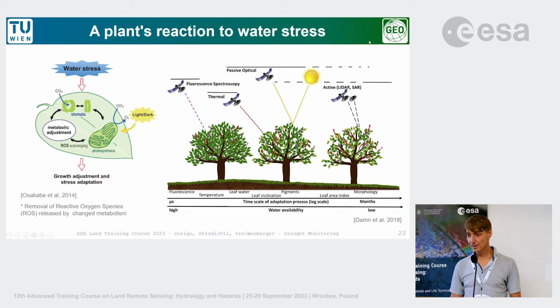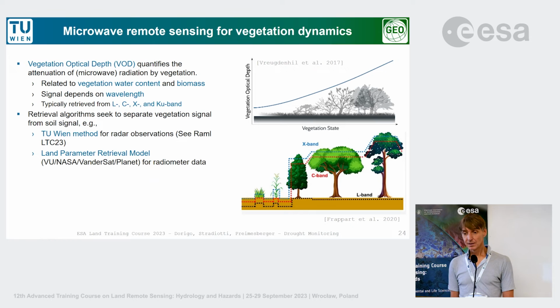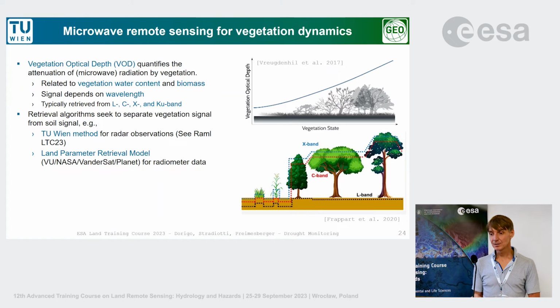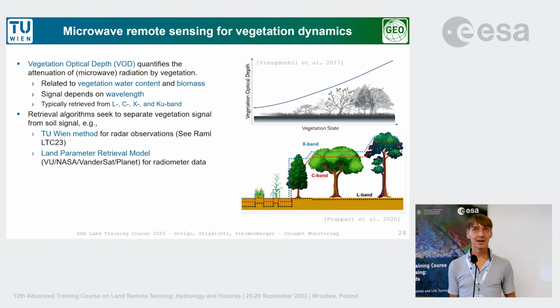It gives you information, but it's not a quantity like, for example, leaf area index, which is square meter per square meter, or soil moisture, which is cubic meter per cubic meter. VOD is a model variable, and that makes it a bit complicated to use, but also to explain.